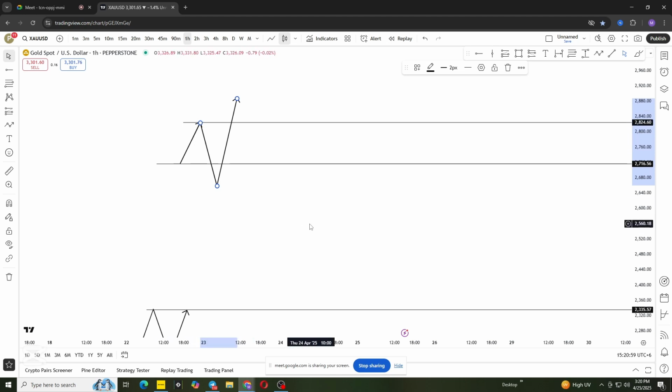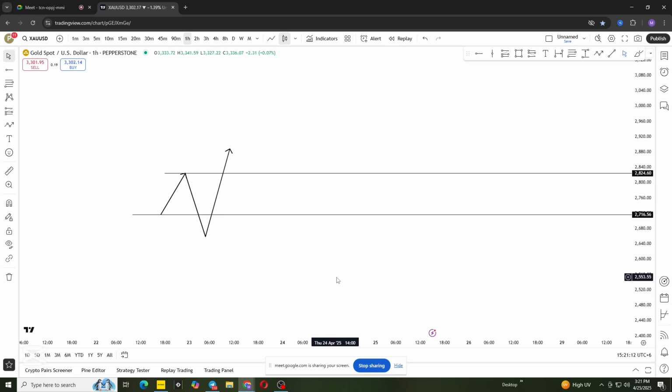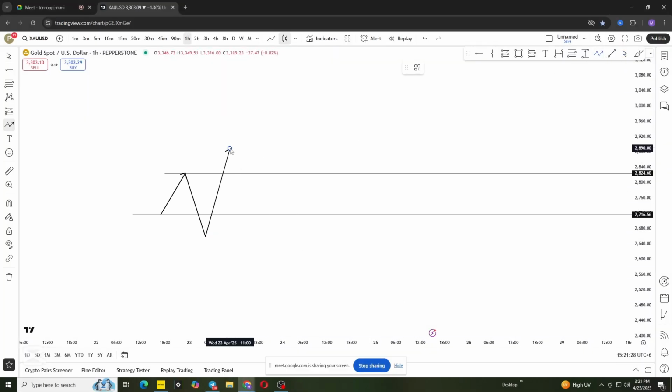If by any chance you're familiar with the SMC concept, like people call the ICT concept, you can remember them this way also: this is the sell side liquidity that is taken, this is the buy side liquidity, it's also taken, okay. Then what we expect, the market should come here and then move up, okay. These are the ways we can identify whether it's a QM or not.